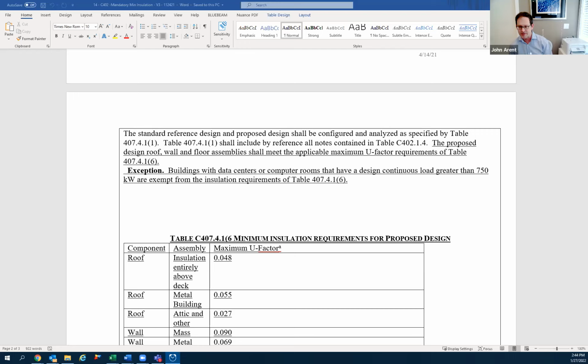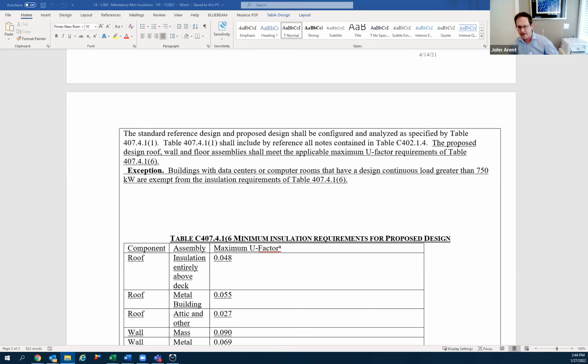With regards to data centers, this is what we had put in California. Yeah, I think that would be a reasonable accommodation, Eric. It's meant to not overly penalize larger buildings that are primarily data centers whose loads are so large that the building envelope becomes a little bit inconsequential, and you really want to just expel the internal heat from the building most of the year.